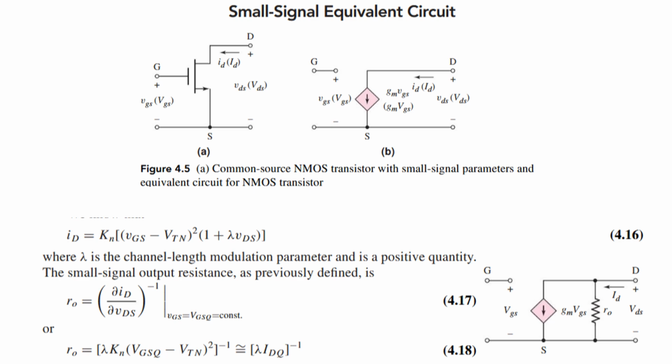Now, let's talk about a small signal equivalent circuit, meaning how our MOSFET will behave with a small signal, that is the AC type of signal.